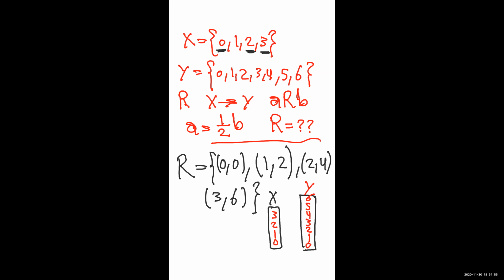Then represent your relation. The first ordered pair is (0, 0), so one arrow from 0 to 0. Then (1, 2), one arrow from 1 to 2. Then (2, 4), one arrow from 2 to 4. Then the last one, (3, 6), one arrow from 3 to 6. So this is the arrow diagram.